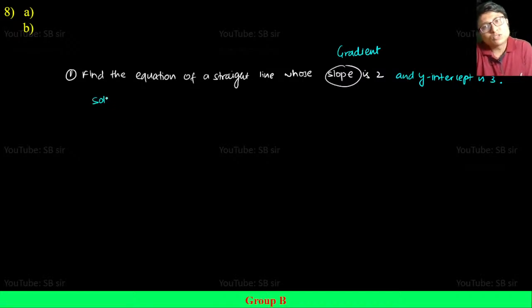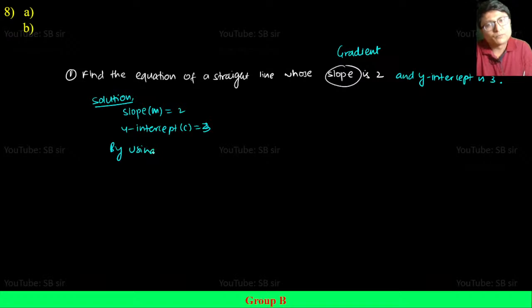So right here, solution. Slope m is equals to 2, y-intercept c is equals to 3. You have to find the equation by using slope-intercept form.